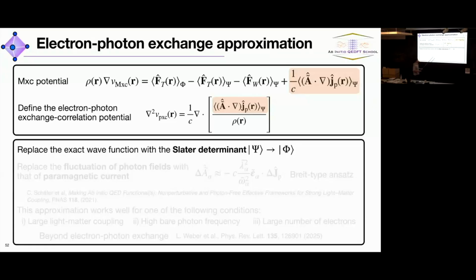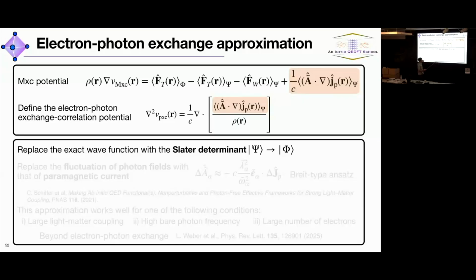Another thing is that once we replace this exact wave function with just a mean-field Slater determinant, we still have the photon operator here. But this photon operator doesn't operate on the electronic Slater determinant. So we have to do some approximation to capture the effects from this photon operator, especially the quantum fluctuation.